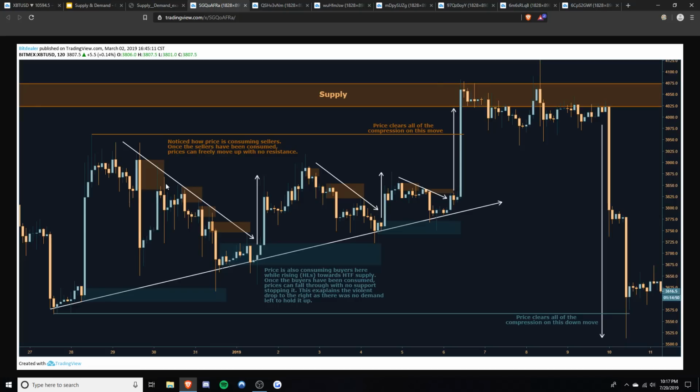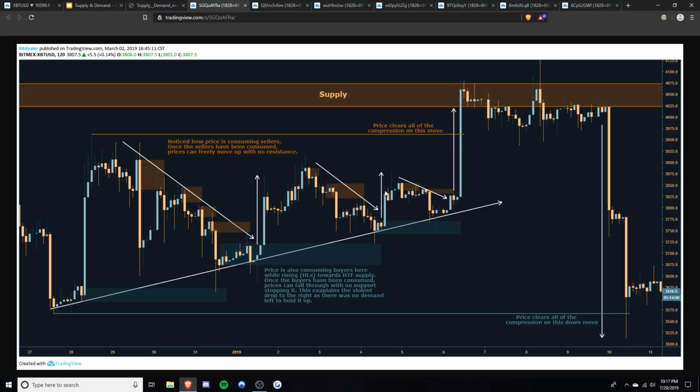But let's see. Price is making higher lows. Here's a key high time frame supply zone. So it's pretty much consuming buyers or demand all the way up to the supply zone. You notice here's a demand zone, consumes it right here. Here's a new demand zone, consumes it right here.